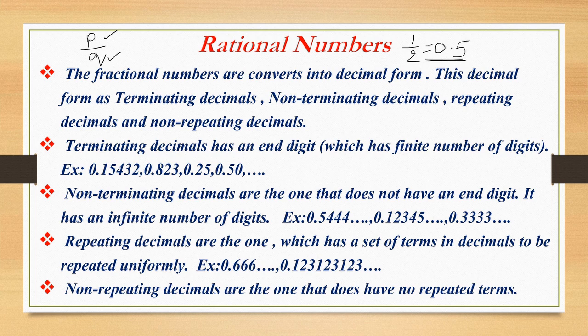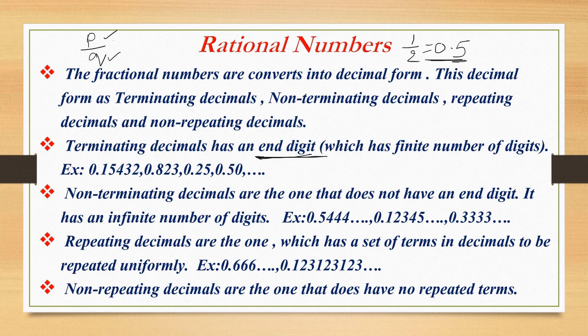First, what are terminating decimals? Terminating decimals have an end digit, that means an end point is there. For example, the value of 1 by 2 is 0.5. Here the last digit is 5 only, and there is no repeated value.